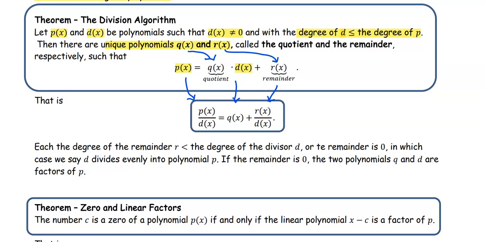The degree of the remainder r is less than the degree of the divisor d, or the remainder is zero, in which case we say d divides evenly into polynomial p. If the remainder is zero, the two polynomials q and d are factors of the polynomial p.